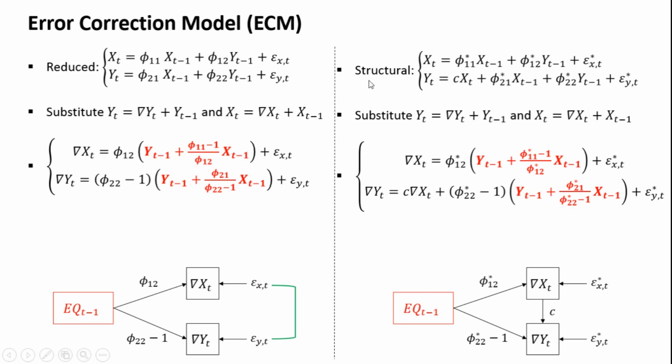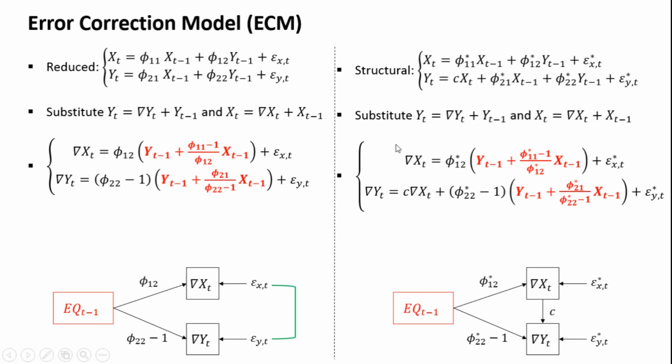So in the case of the structural VAR that is given here, you can also make the same substitution and have a similar term that appears in the two relationships between the differentials of our variables.